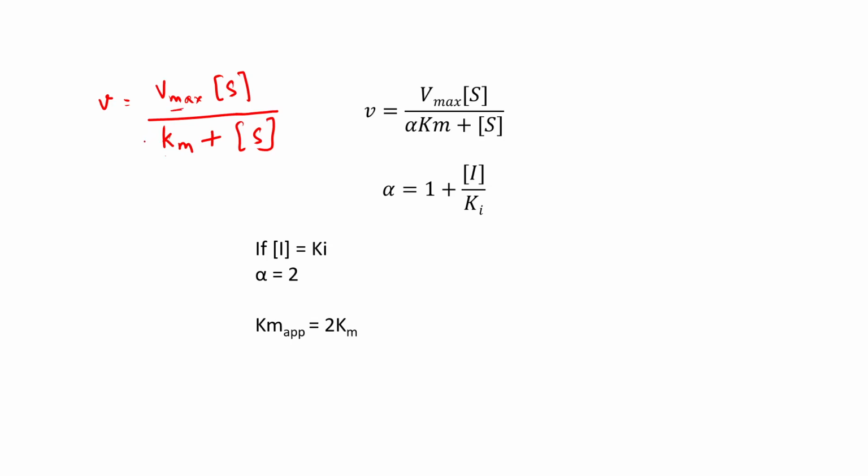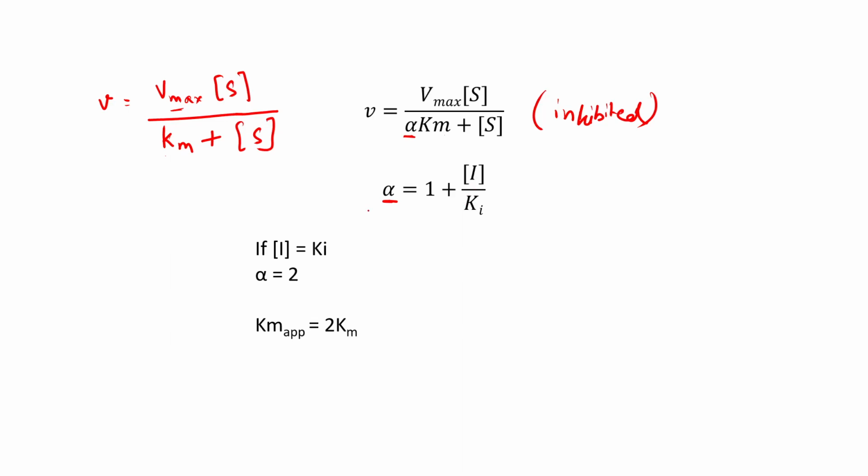So Km will increase by a factor of alpha. This is for the inhibited enzyme. Km is increased by a factor of alpha, that is written as 1 plus I by Ki.